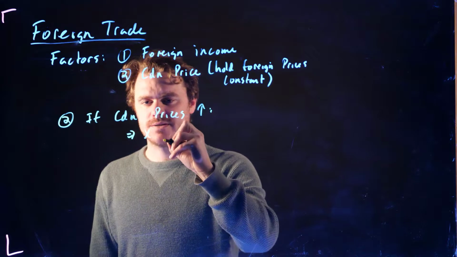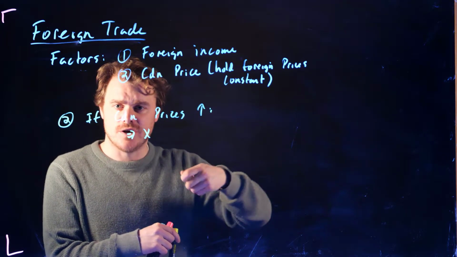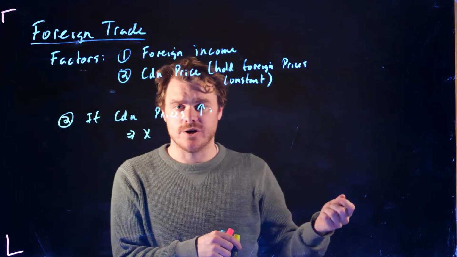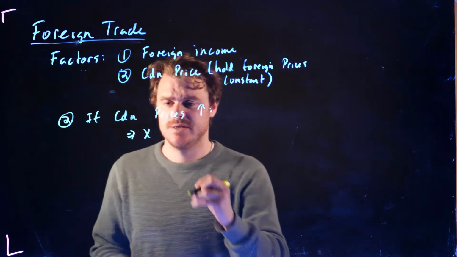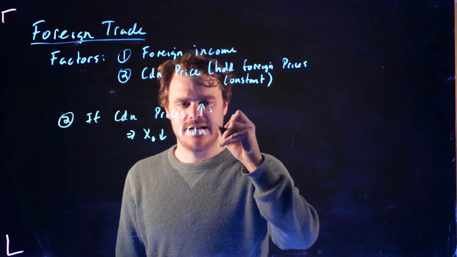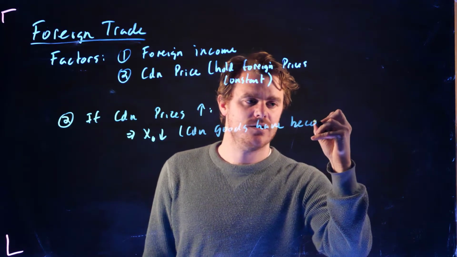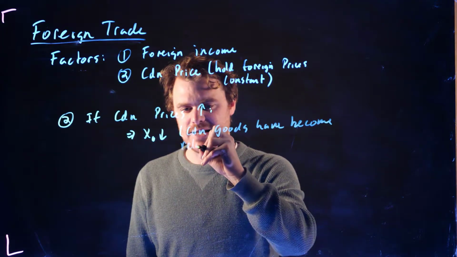our exports are going to go down because now all of a sudden our goods are relatively more expensive compared to other countries' goods. So X0 will go down. Canadian goods have become relatively more expensive.